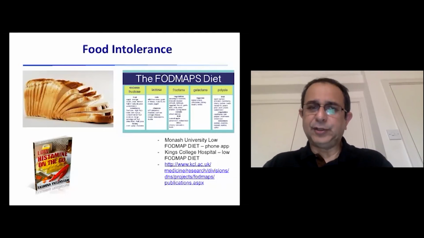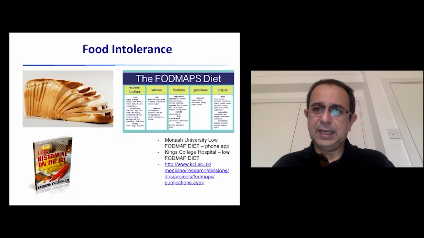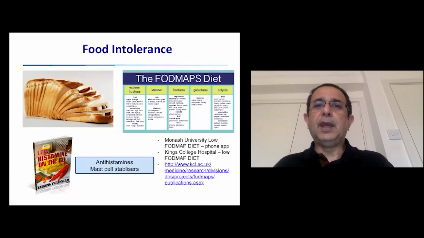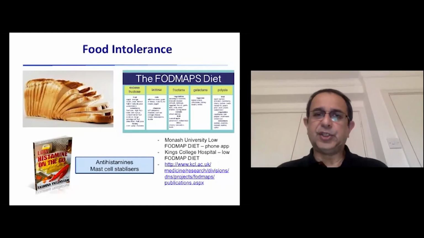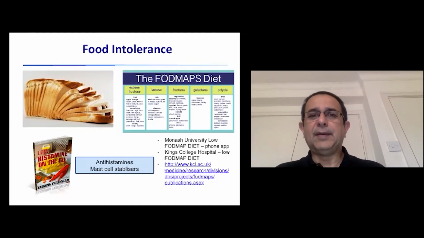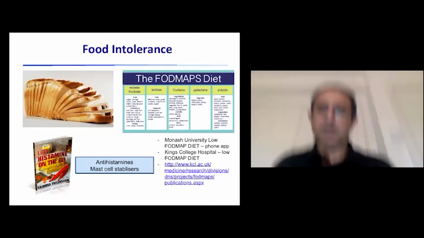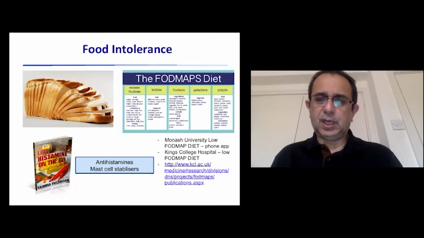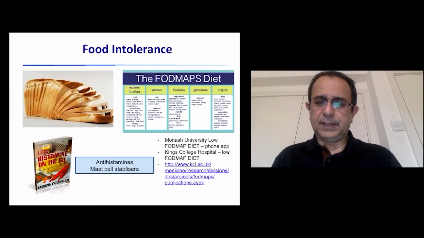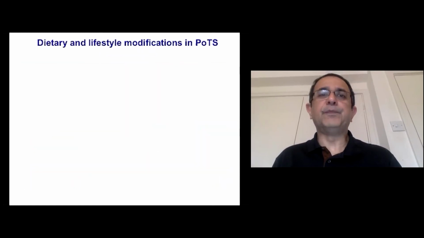And all these diets should really be monitored by a good senior dietitian who's comfortable with administering these diets. And of course, sometimes in food allergies and food intolerances, antihistamines and mast cell stabilizers, particularly in those patients who overlap with mast cell activation disorder, can be helpful.